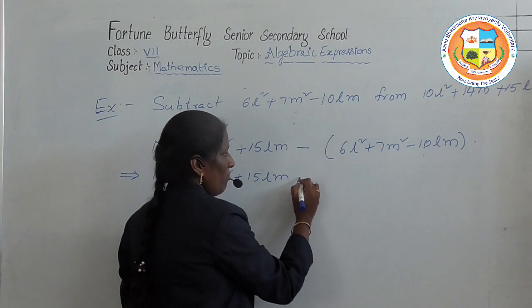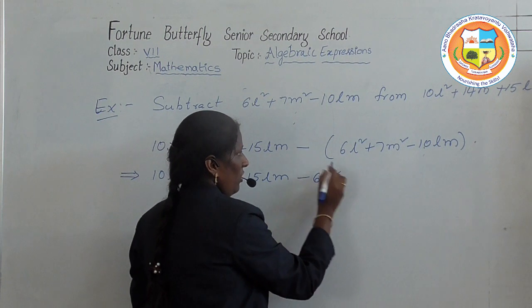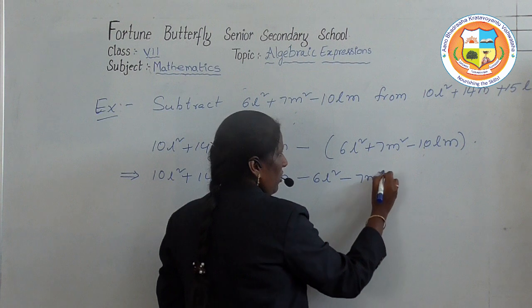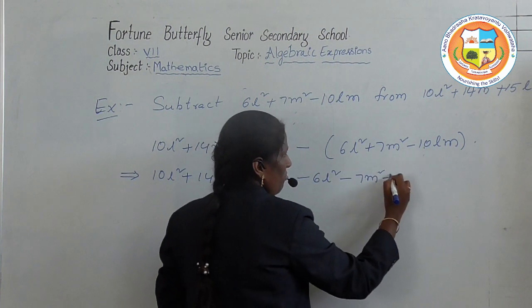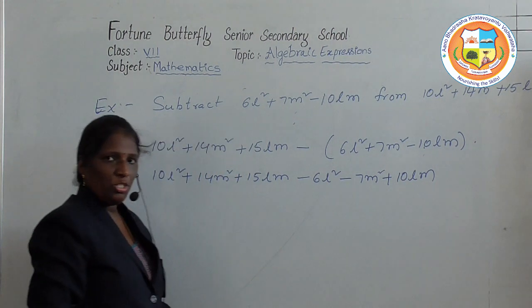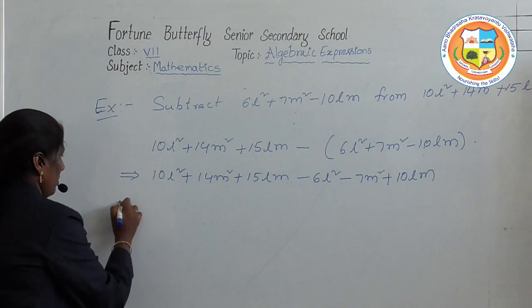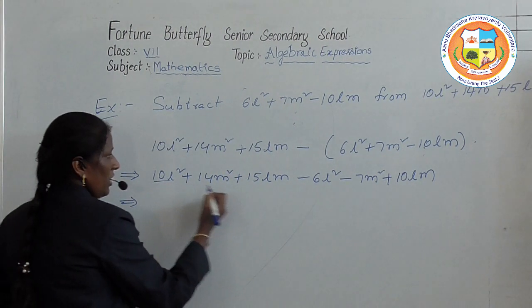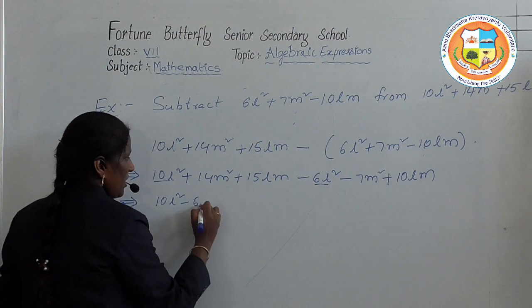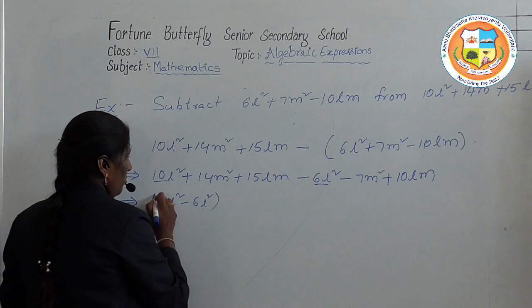Minus into plus is minus 6l^2, minus into plus is minus 7m^2, minus into minus is plus 10lm. Next, group all the like terms. Here 10l^2 is there, here 6l^2 is there: 10l^2 - 6l^2, this is one group.